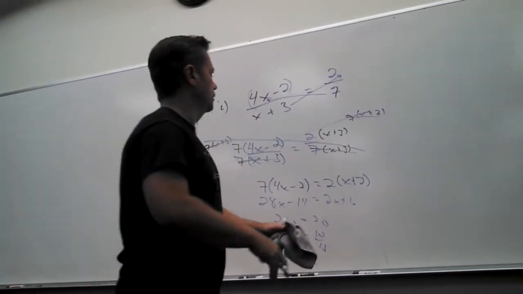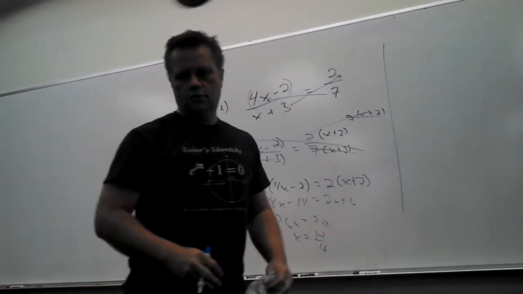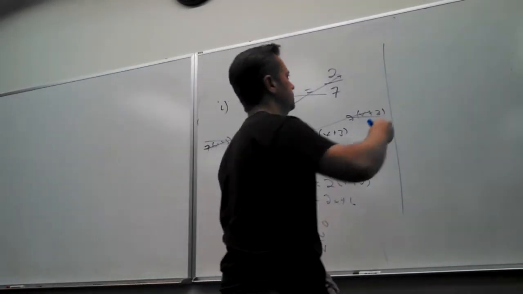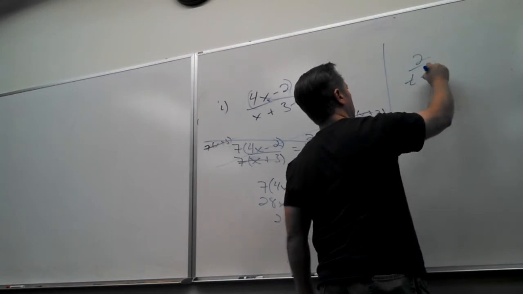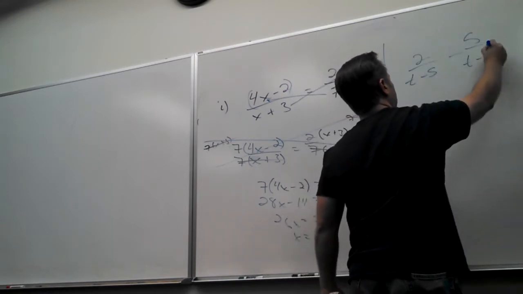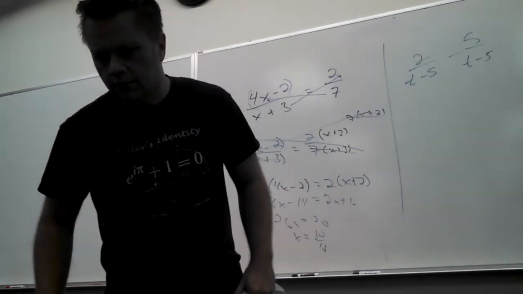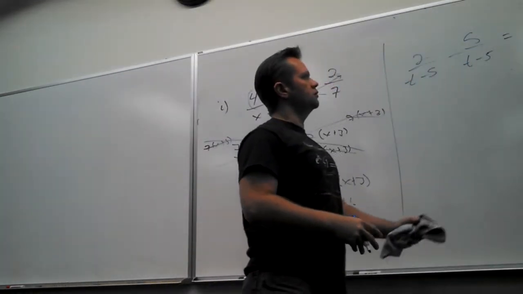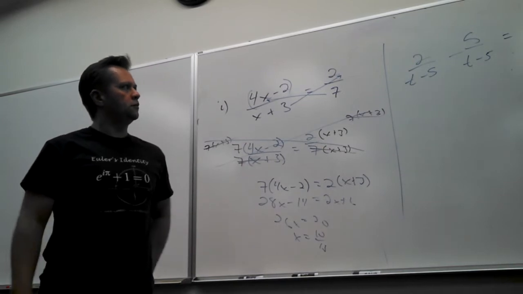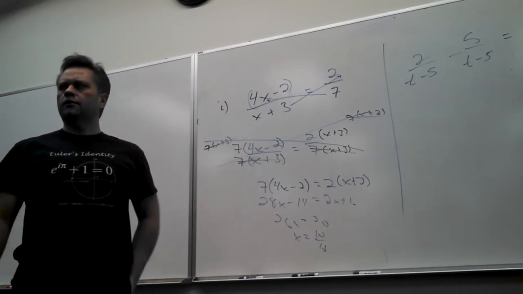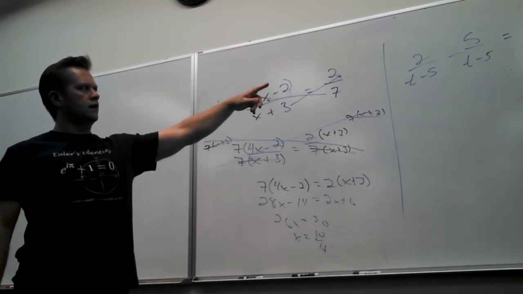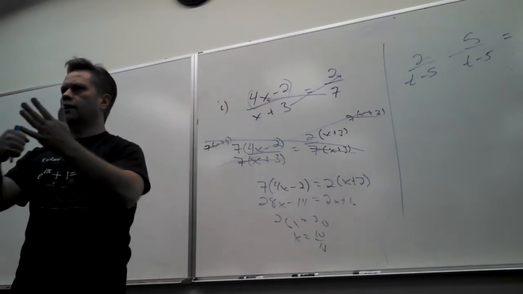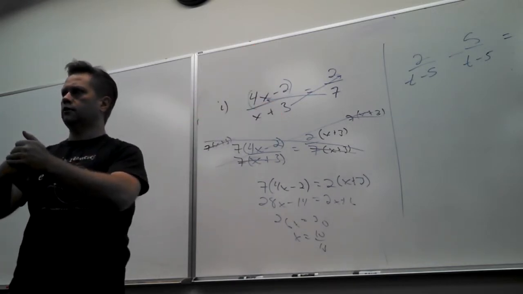So let's do that. This one looks a little weird, just because it looks too easy. And actually, there's something you do in the first place, because they're on the same side there. So there's 2 different ways to do this problem, but hopefully most of you guys would realize that 2 over t minus 5 minus 5 over t minus 5, I can put those together, right?